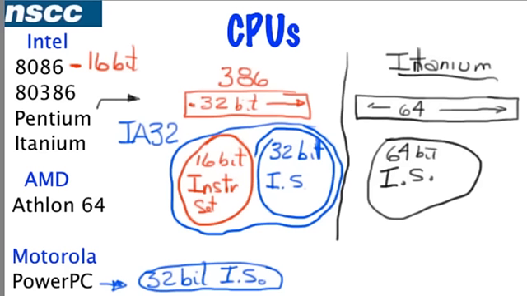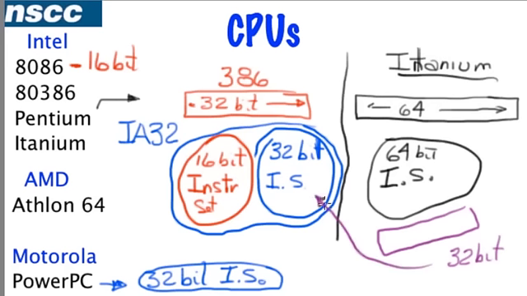So one of the things that Intel did was they added a device here which could interpret the 32-bit instruction set of the older Intel CPU. So if you had a 32-bit instruction or program, you could put it through this device. Really, it's like a translator, and it would translate it to 64-bit Itanium instructions, and then it could be executed by the CPU. This is called an emulator. Really, it's a translator. It was done in hardware, but still, that made it slow doing this translation.